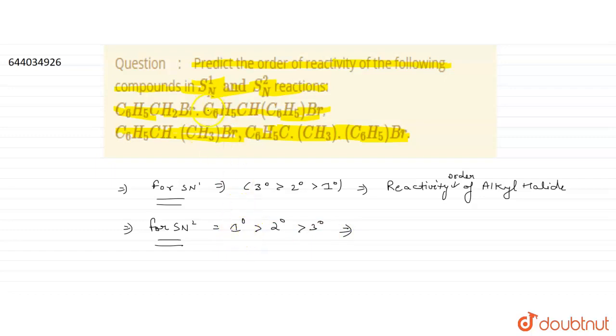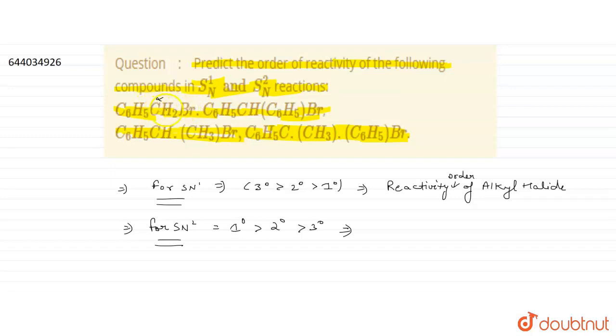That is, if we want to give the nucleophilic substitution reaction on this compound, C6H5CH2Br, then there is simple attack of nucleophile on the back of the alpha carbon. This is the alpha carbon because this carbon is attached to the Br group.